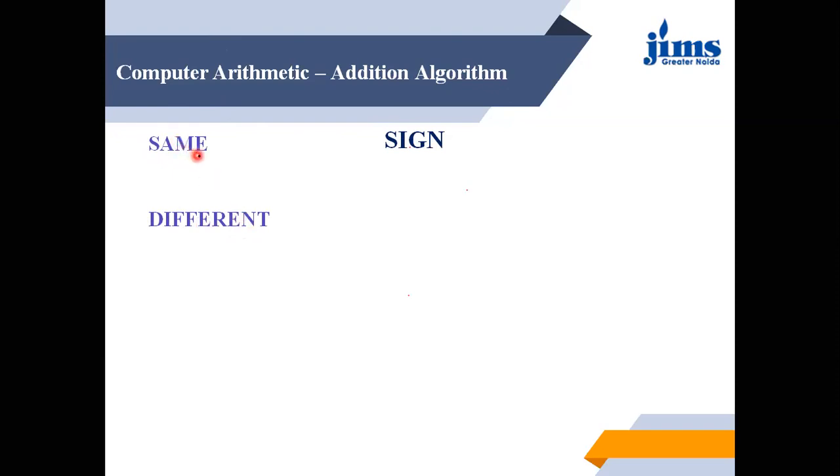When the sign is same, to find the magnitude we have to add the two numbers, and whatever is the sign of number A or number B, that will be the sign of the result.